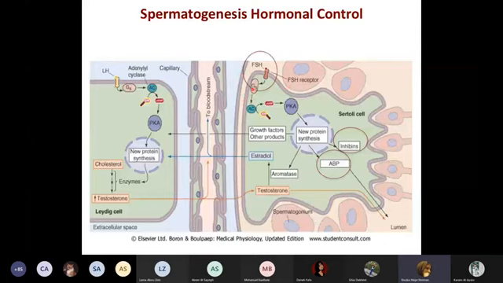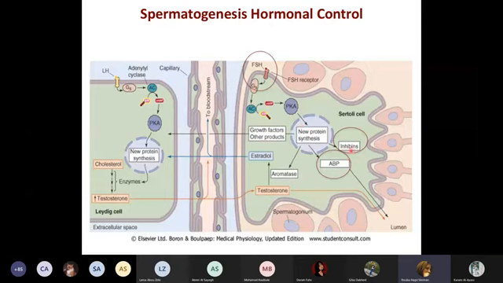So once it binds to the cell surface receptor, the same as the LH receptor, it will trigger the signal transduction, leading to the activation of protein kinases that will lead to the RNA synthesis and then translation of proteins, including ABP and inhibin. Therefore, both testosterone and FSH will work in synergy together in order to reach a better response to synthesize inhibin, to synthesize ABP, which is the androgen binding protein.